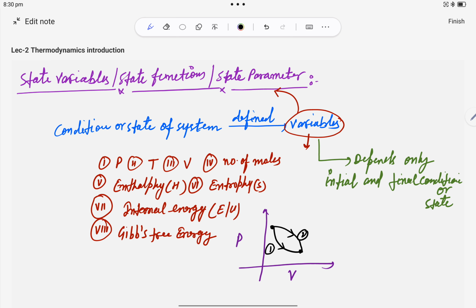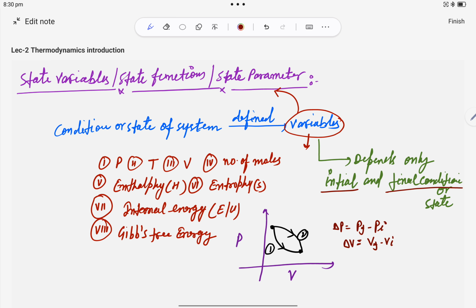See children, what I want to explain here: if you want to find delta P, you can easily find it: P final minus P initial. Delta V is V final minus V initial. Yes or no? Okay, so whatever path they are following during the change, no matter. State functions, state variables, they depend only upon the initial and final condition. Whatever path they are following, no matter.